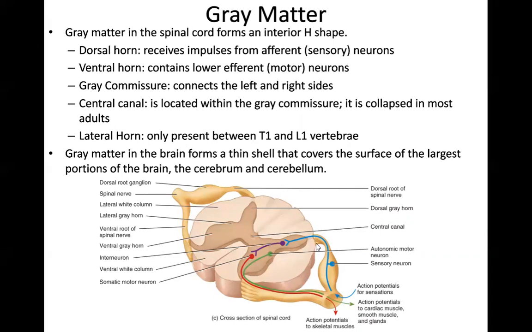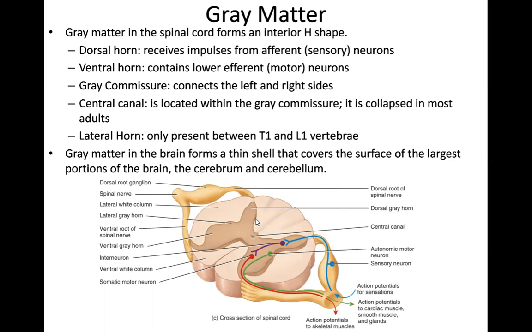Let's talk about the gray matter, though, here on this slide. The capital H shape that exists for the gray matter involves what we call horns. We have what are called two dorsal horns. Dorsal, you'll also see them listed as posterior. Dorsal and posterior are interchangeable terms.